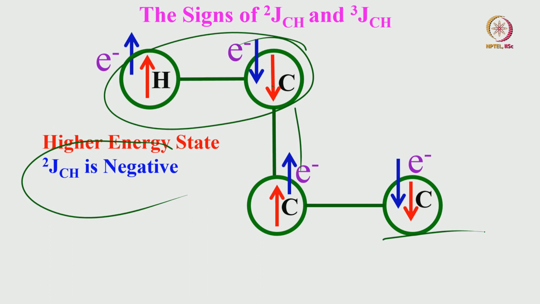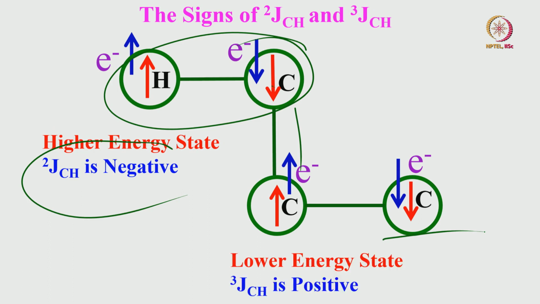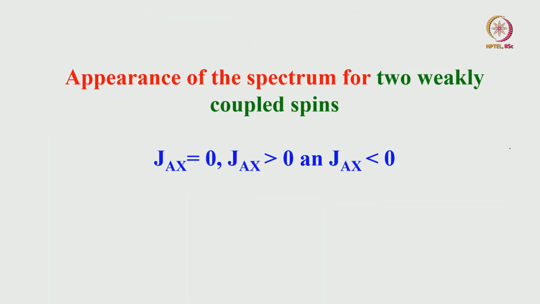You go further, it is going to be positive. So, depending upon how the spins are oriented, 1JCH is positive, 2JCH is negative, 3JCH is positive. You can work it out simply by extending this Dirac model. I worked it out only for JCH, but you should not think it will work out the same for everything. Consider carbon and fluorine: one bond carbon fluorine coupling is always negative. You can work it out in a different way.